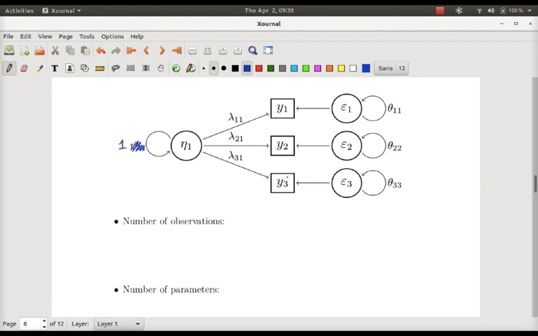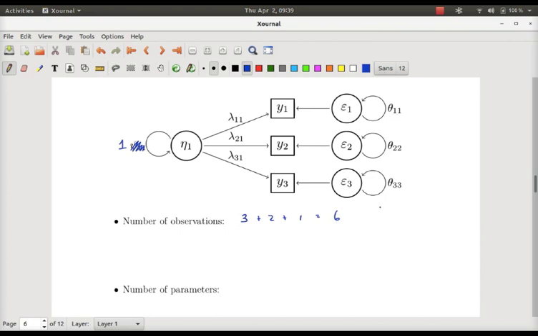There's a covariance between 2 and 3. And there's a covariance between 1 and 3. So we actually have the 3 variances, plus the 2 covariances in between, plus the 1 on the outside, which actually gives us 6 total observations.